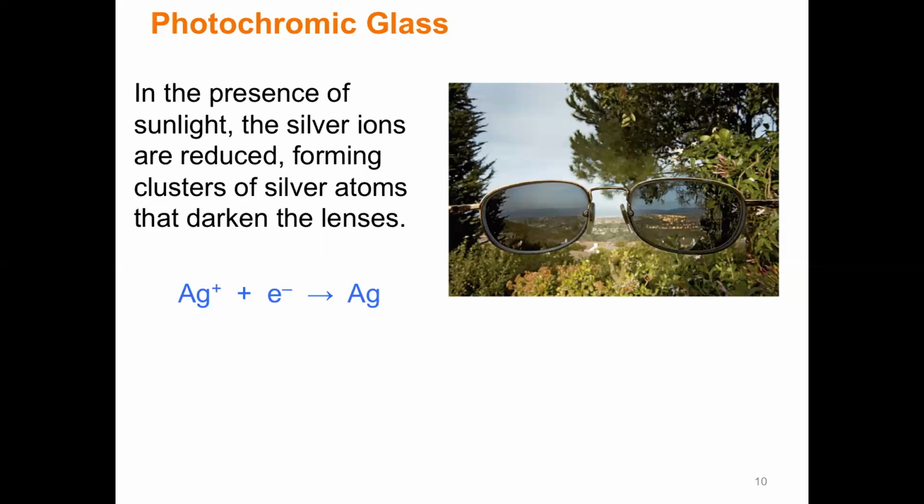And then your copper 2 is going to totally love to take that electron back from your silver, and so it'll take your silver solid, and you'll regenerate your copper 1 and your silver 1, which is now clear, and that will then let your lenses get clear.